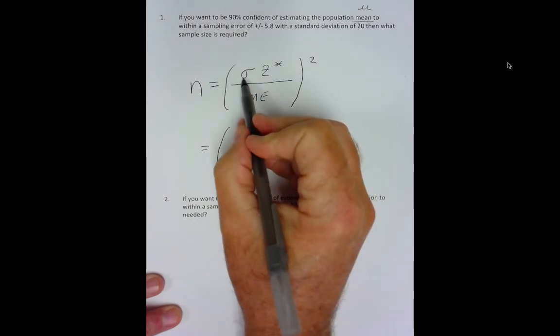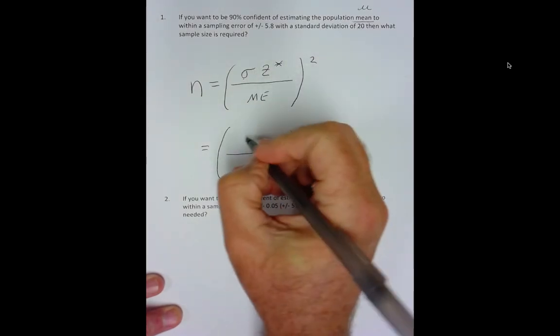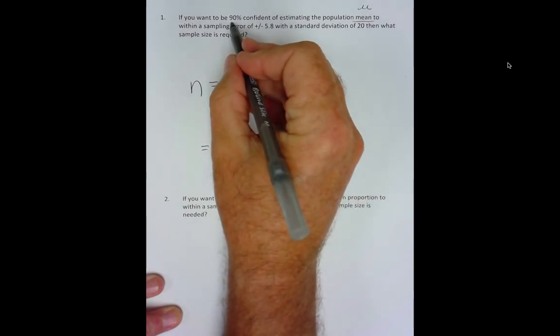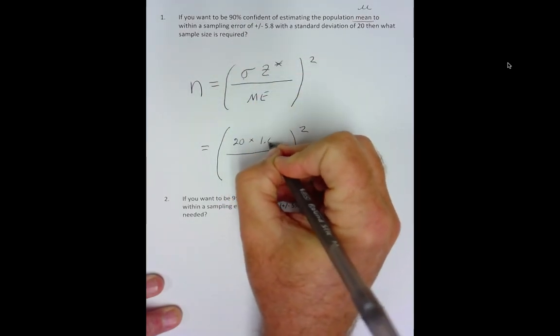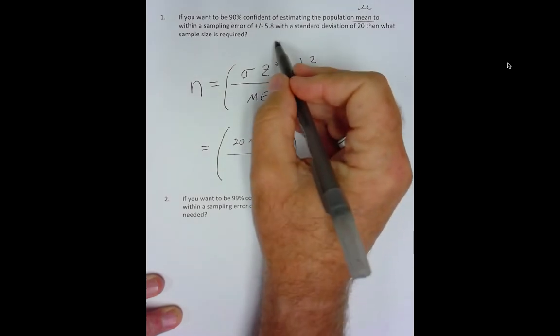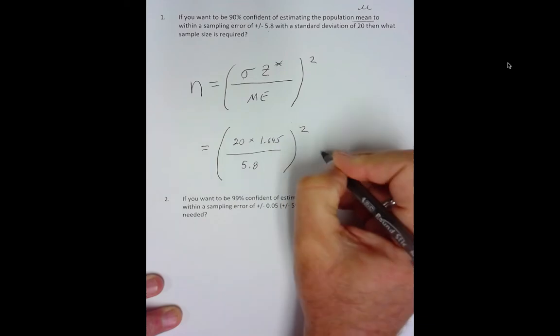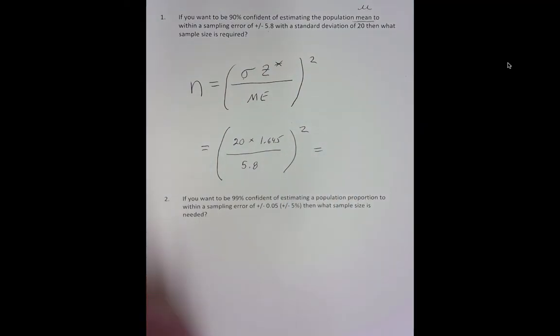So I can put the correct values for this problem. A population standard deviation is 20. The Z critical for a 90% confidence interval is 1.645. And my margin of error that I need is 5.8. So I'm going to put that in my calculator.